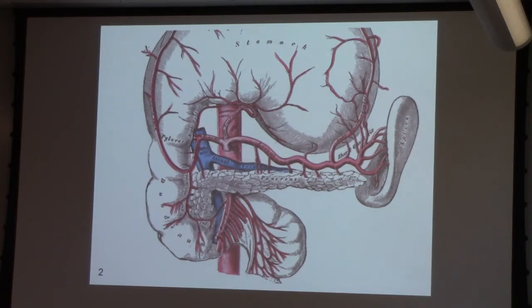We don't see the cardia because the stomach has been flipped up and has made the cardia invisible. So it's still there. Remember that this stomach is not in its anatomical location. The stomach has been flipped up so that we can see the celiac. Questions about this image? That's the whole stomach.